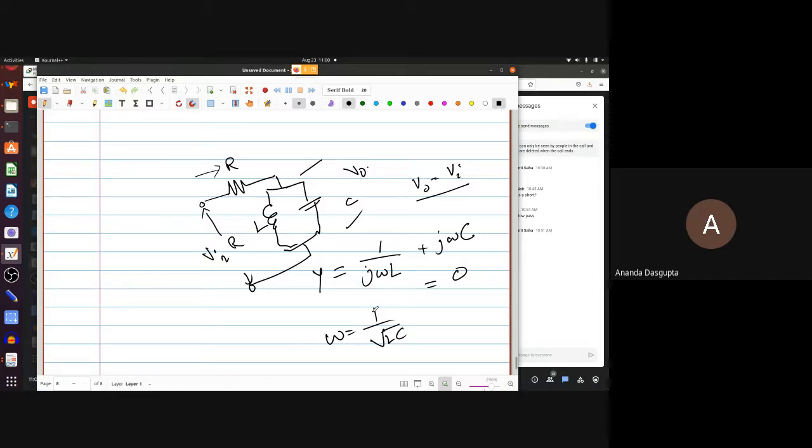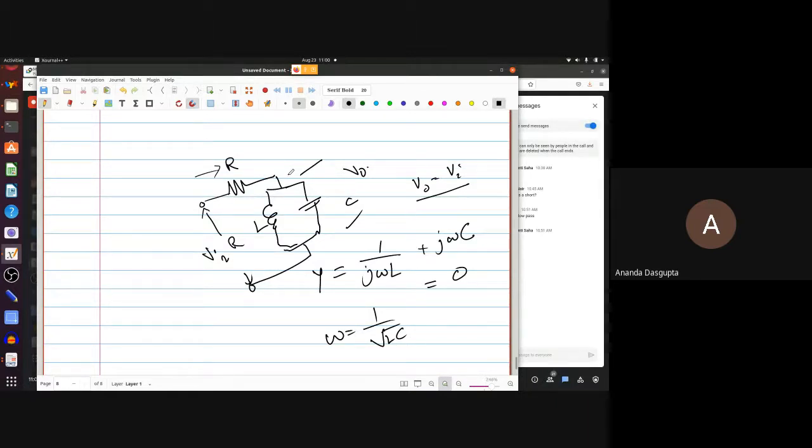Now here, when you move away from the resonant frequency, the impedance of this LC tank becomes finite. It's no longer infinite, so it allows current to flow. And once current flows, there's a drop across R, which makes VO go down. And that's why you need the R in series. Without the R, suppose you just had L and C, even then VO would always be equal to VI for all frequencies.